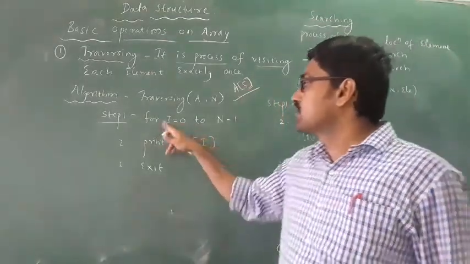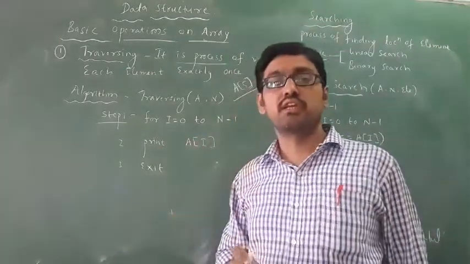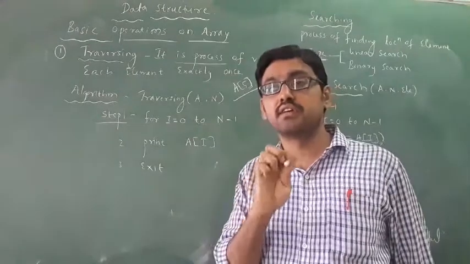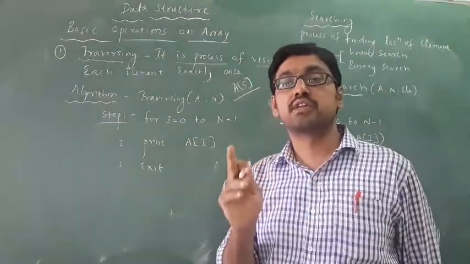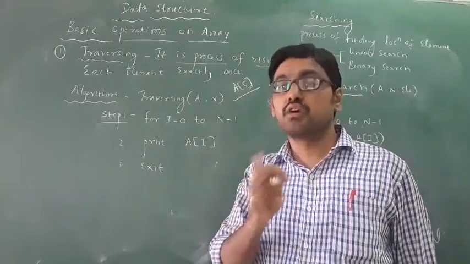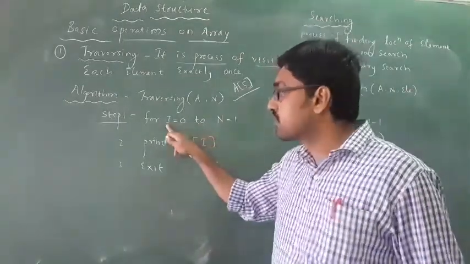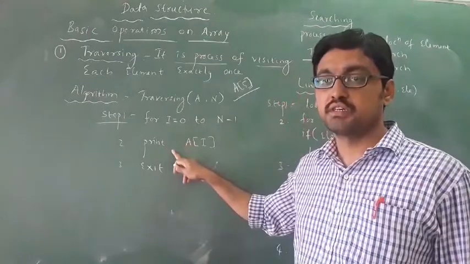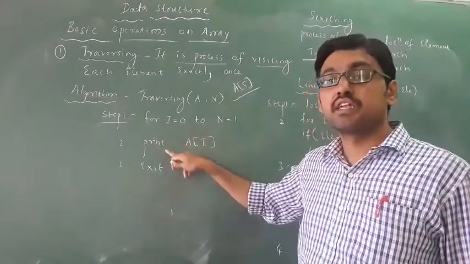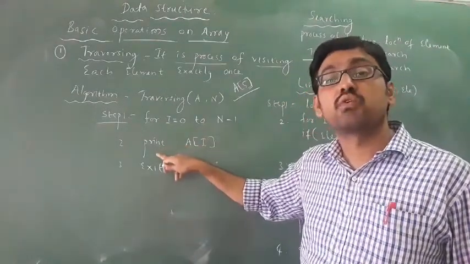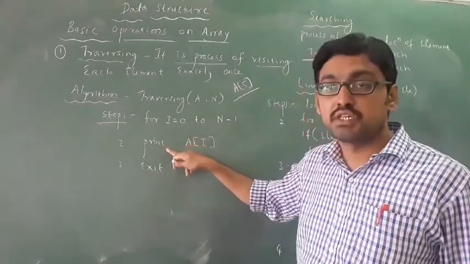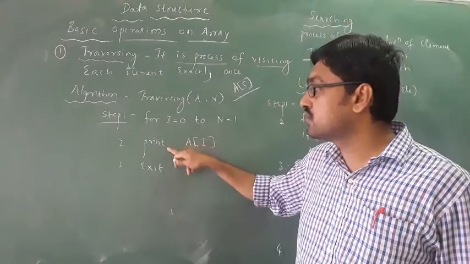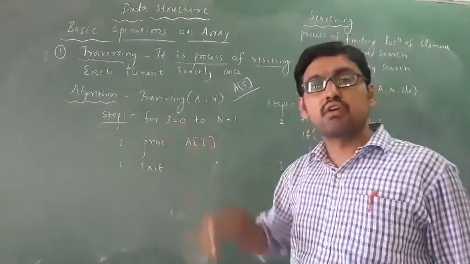Already in first year, how to access an array? By using a for loop with the cout statement. That's why I am writing here for loop with the cout statement. In the algorithm you don't write cout, you just write print. See, how to write the for loop in an algorithm?